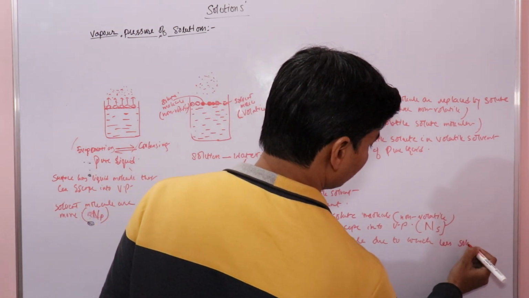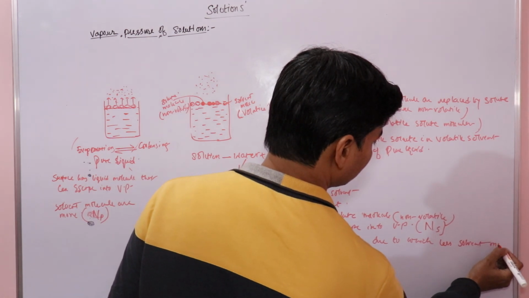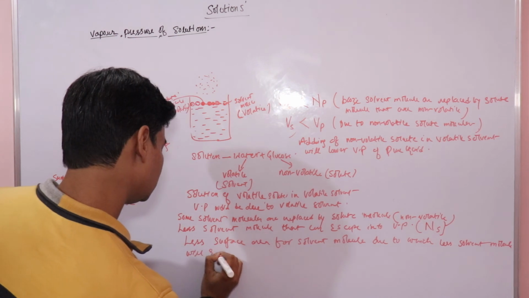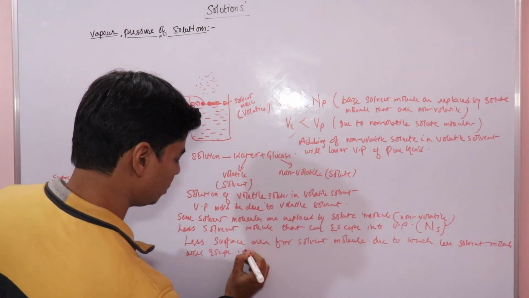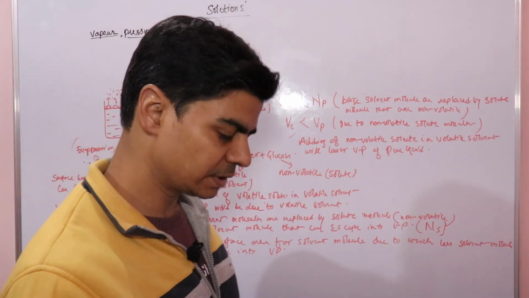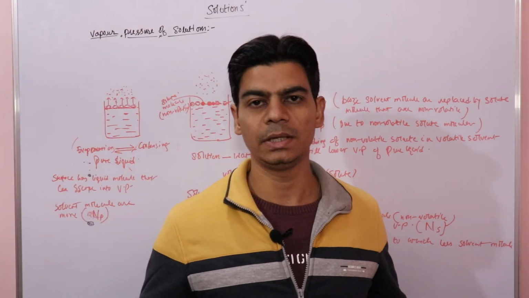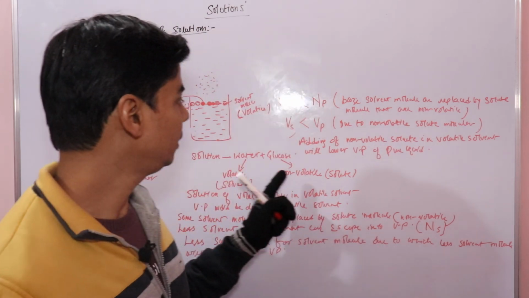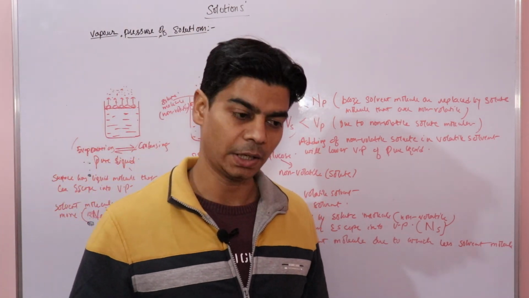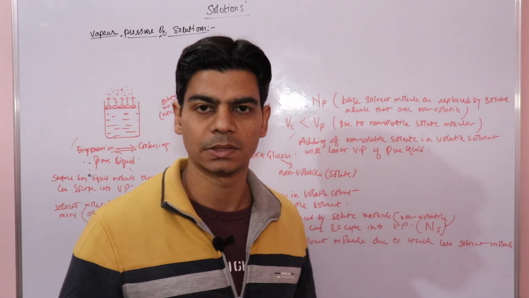And why do we have less surface area? Because some of the area has been taken over by this non-volatile solute, which is glucose, and which does not participate in vapor pressure.